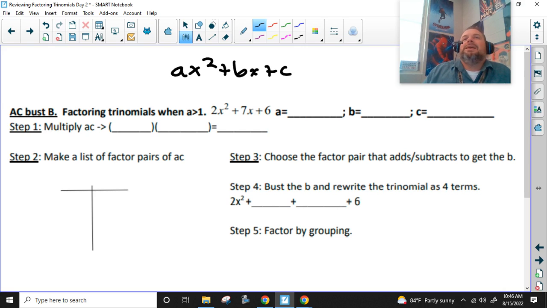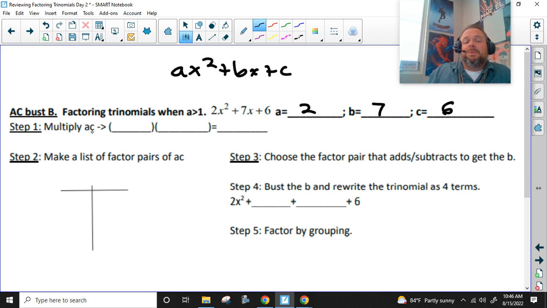Remember, just like we did on Friday, after a while, this is what you should be saying in your head. You might not need this written down. All right. So I've got A is 2, B is 7, and C is 6. That's important to know because if you don't know which letter's what, you're in trouble.